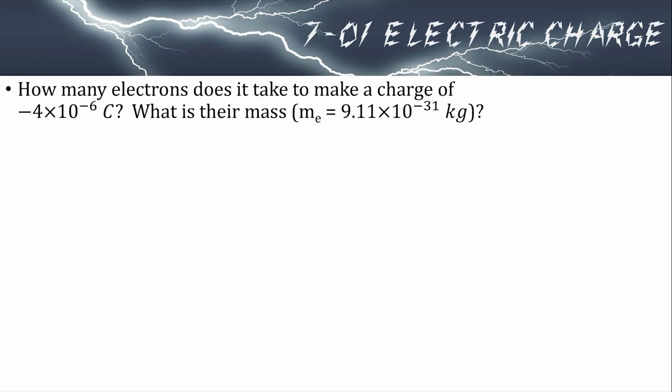So how many electrons does it take to make a charge of negative 4 times 10 to the negative 6 coulombs? Well, I think we could just take our charge and divide it by the charge of one electron. So the charge of an electron.